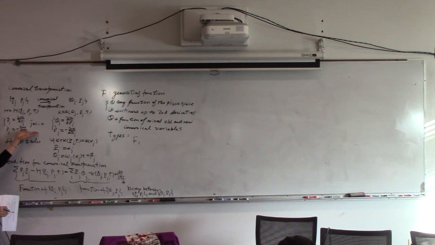So our goal is to find a general way to simplify solving these difficult equations. The idea comes from here. We know the Hamiltonian depends on the choice of generalized coordinates.